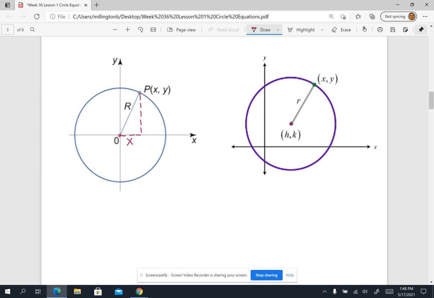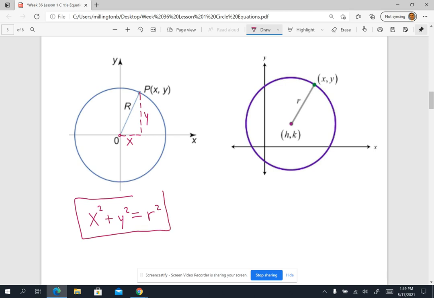If the coordinate here was like 3 comma something, then you went over 3. If it was 7 comma something, you went over 7. We have the x coordinate here, and then the y coordinate showing how much we went up, and we're using r to represent the radius. So if we plug this into the Pythagorean theorem, this would be x squared plus y squared equals r squared.